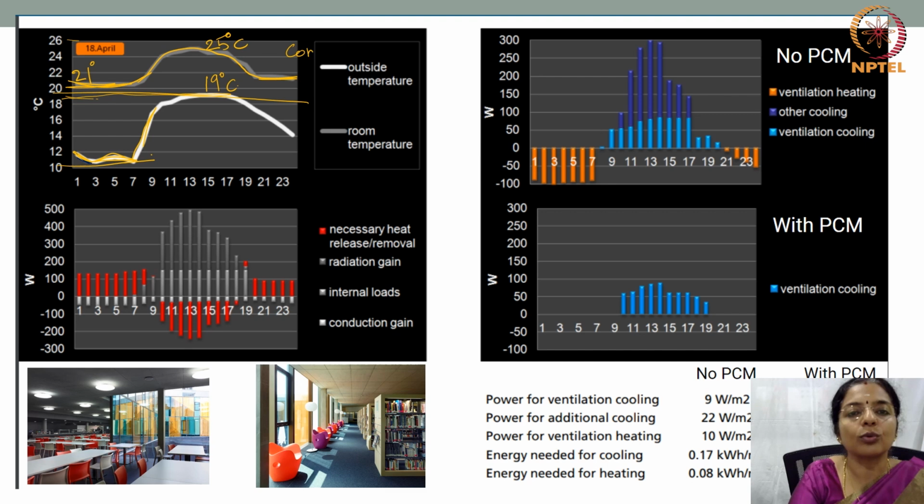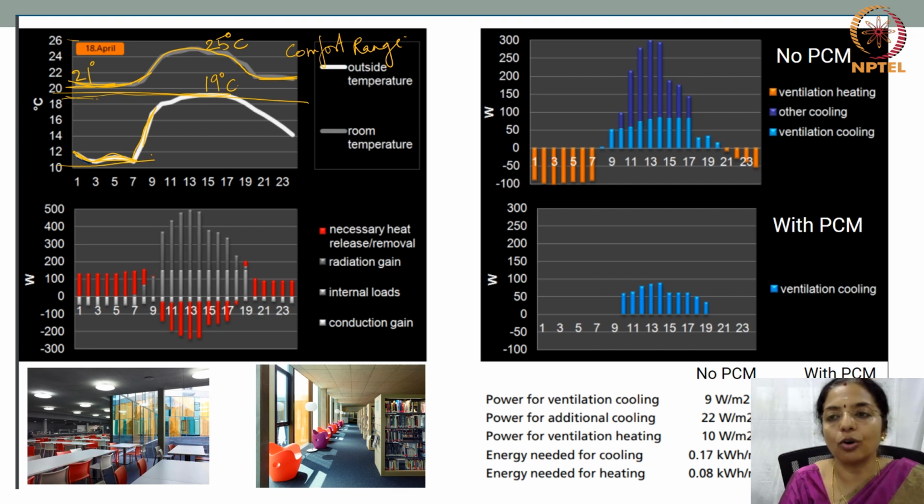So this is very much within the comfort range, because of which there is a dramatic reduction in the use of air conditioning of the building. When no PCM is used, you can see the ventilation heating is required, and there is cooling also required during the afternoon period.